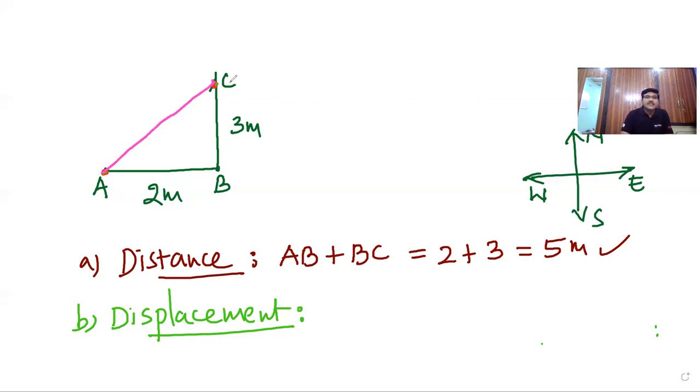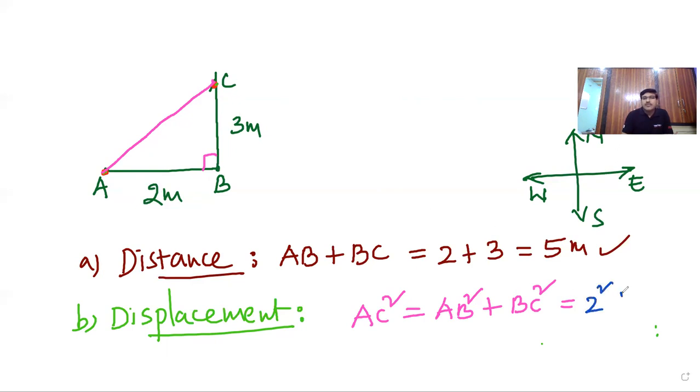Clear? AC is displacement. Now observe, this is a right angle triangle. Simple mathematics says apply the Pythagoras theorem. So AC square is equal to base square plus height square. So AB square plus BC square, here 2 square plus 3 square.